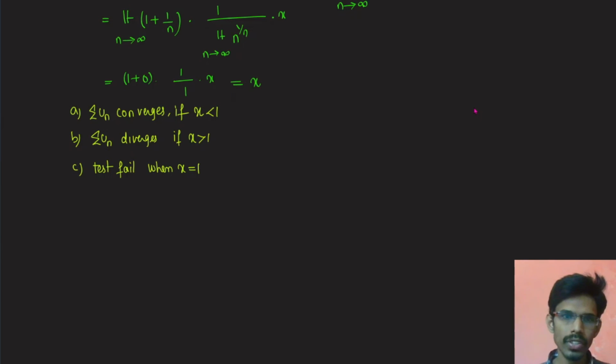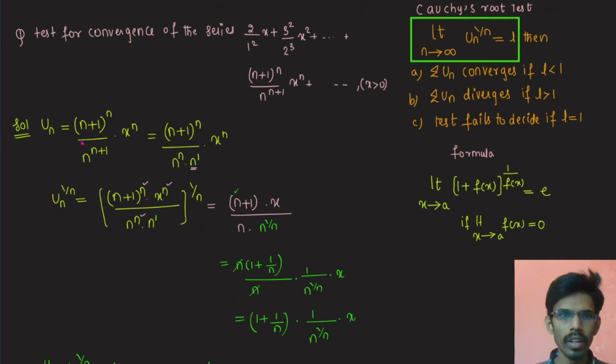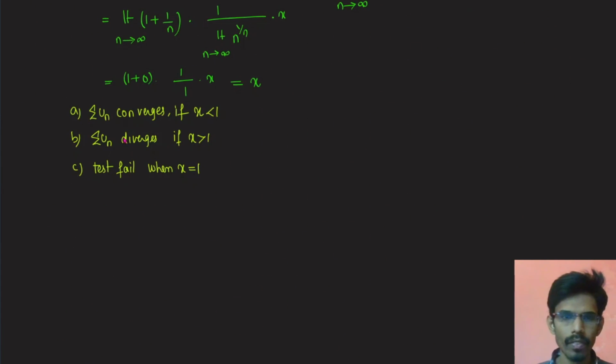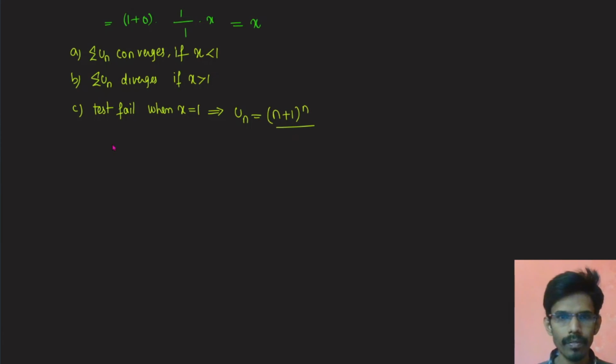Now we examine this failure case. When x is 1, this Un will become (n plus 1) power n by n power n plus 1.